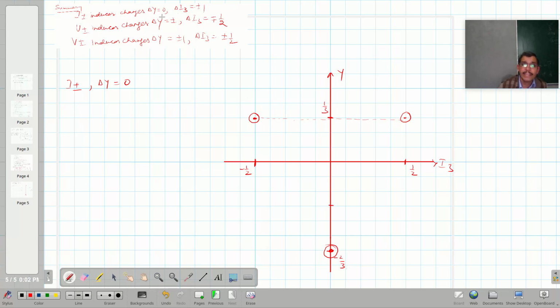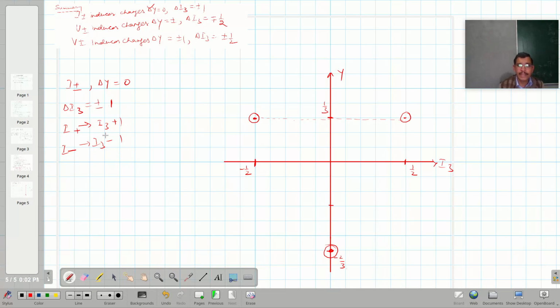But in addition to it, what is happening? Delta I3 is equal to plus minus 1. So this change will also occur. Let me call it I plus: it is I3 plus 1. That's what will happen. And I minus will do I3 minus 1.